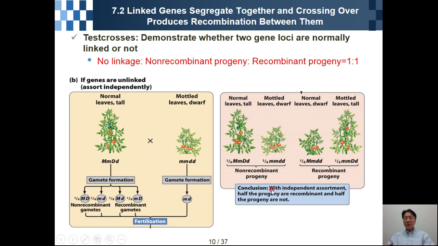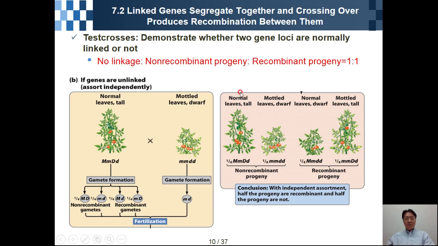So the conclusion is that with independent assortment, half the progeny are recombinant and half the progeny are not. Half the progeny are normal leaves and dwarf, and mottled leaves and tall. These are the recombinant progeny. Half of them are normal leaves and tall, and mottled leaves and dwarf.